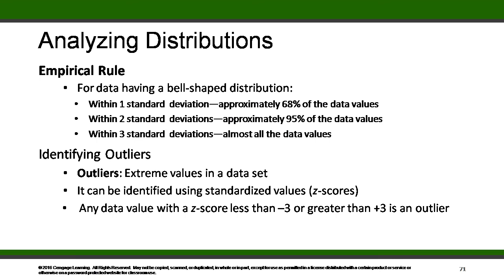Empirical rule. The height of adult males in the United States has a bell-shaped distribution with a mean of approximately 69.5 inches and standard deviation of approximately 3 inches. Using the empirical rule, the following conclusions can be drawn. Approximately 68% of adult males in the United States have heights between 69.5 minus 3 equals 66.5 and 69.5 plus 3 equals 72.5 inches.